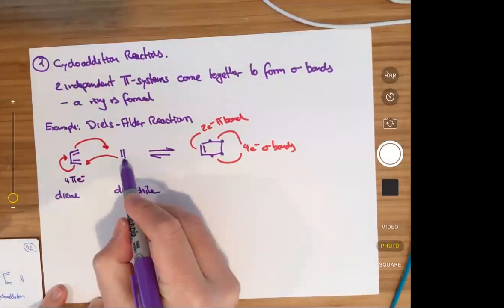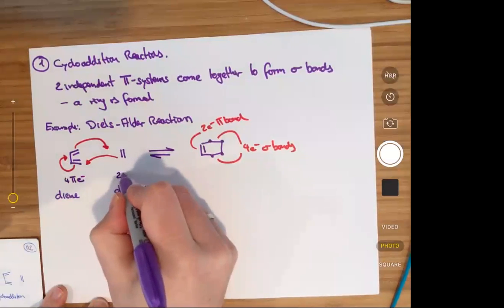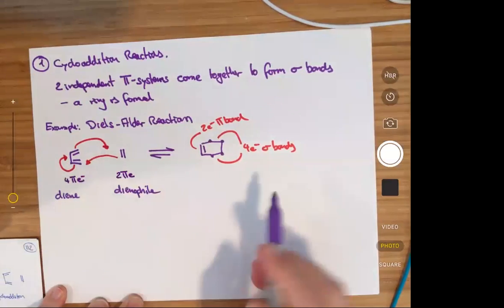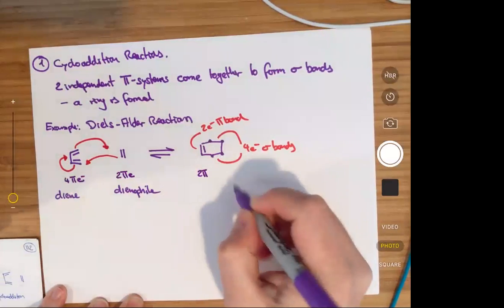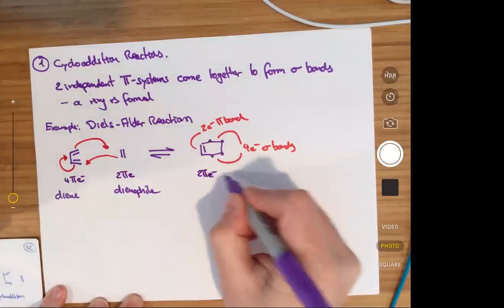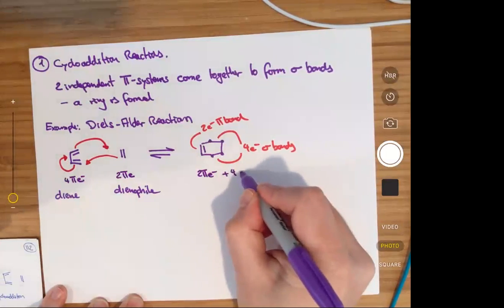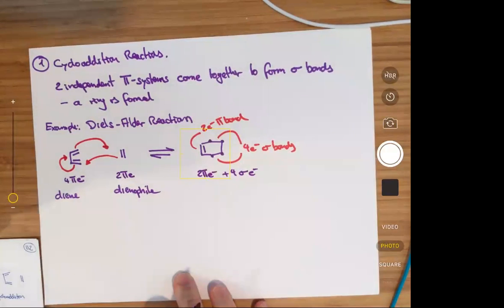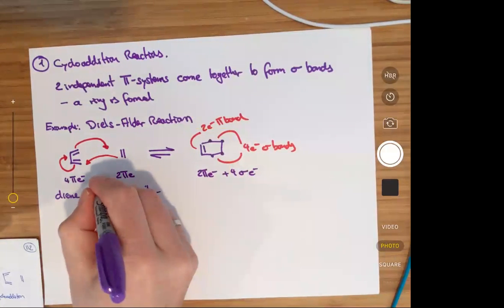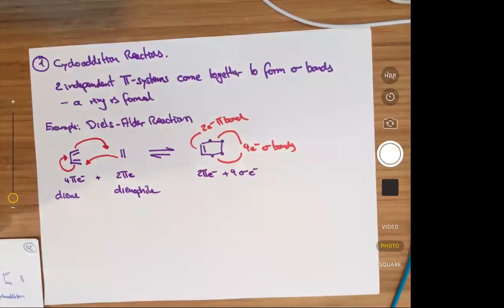And in this system, we had 2 pi electrons. So 2 pi electrons plus 4 sigma electrons, right? That's basically the sum of electrons, just to keep count of what's going on.